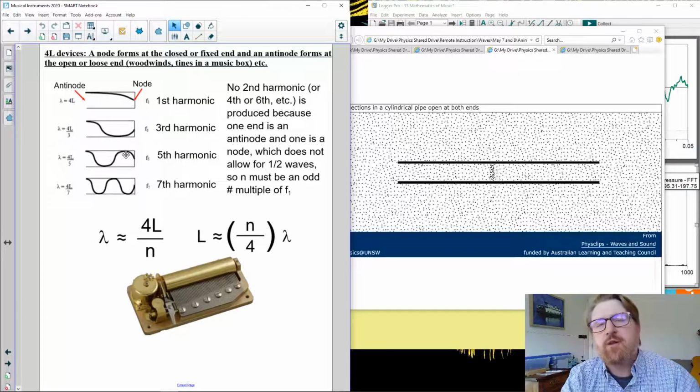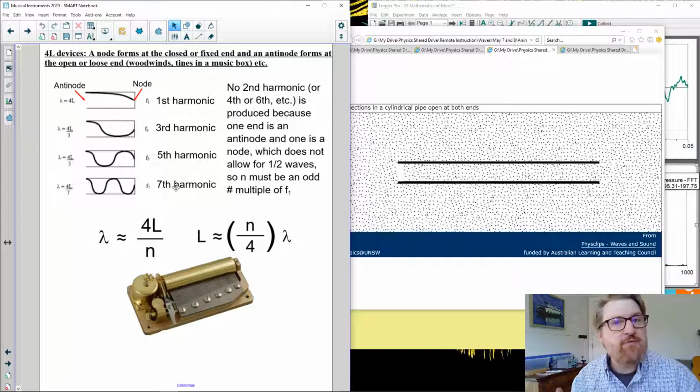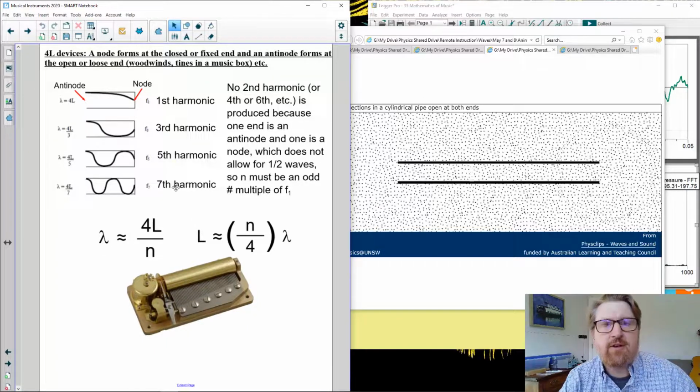So 4L devices like this, like the reed of a clarinet, it vibrates this way. It will produce only the 3rd, 5th, and 7th harmonics. Now, the body of a clarinet can be tuned to fill in the gaps, and so if you play a clarinet, you might hear the 2nd, 4th, and 6th harmonics, but the actual reed itself behaves as a 4L device, and so do a few other devices.